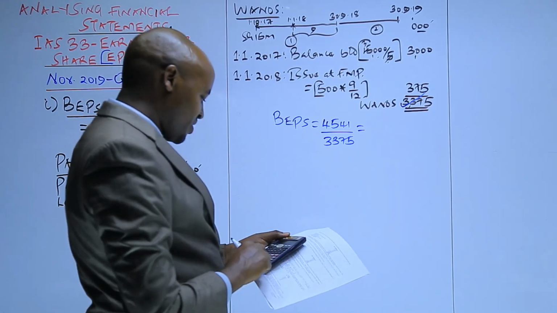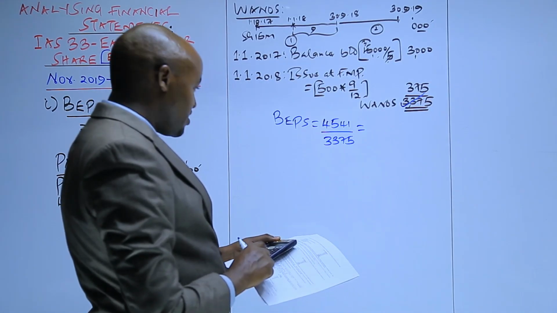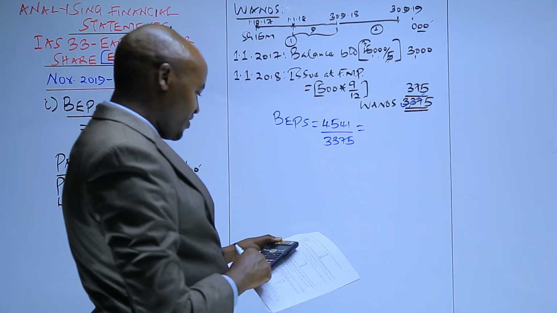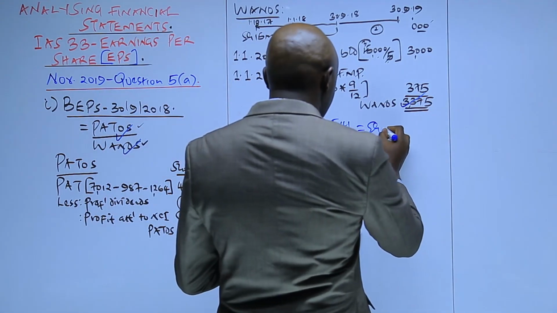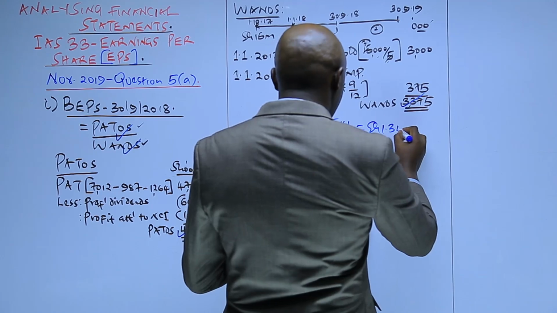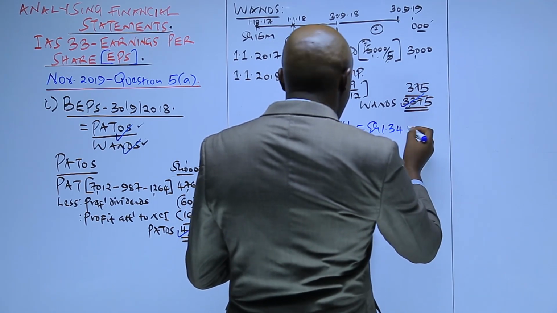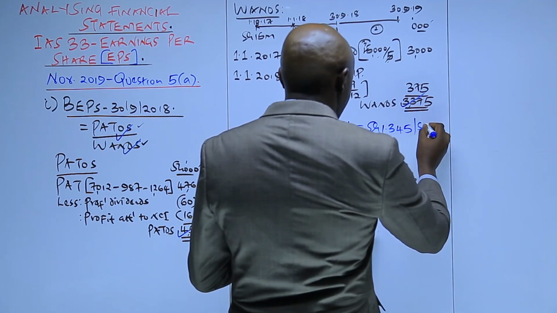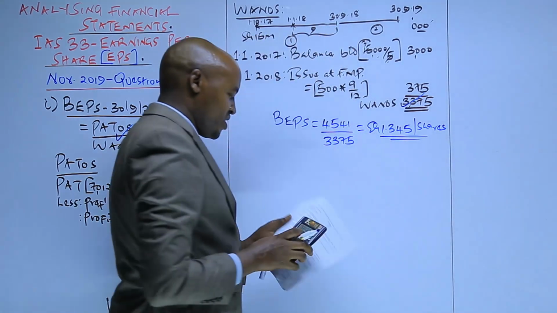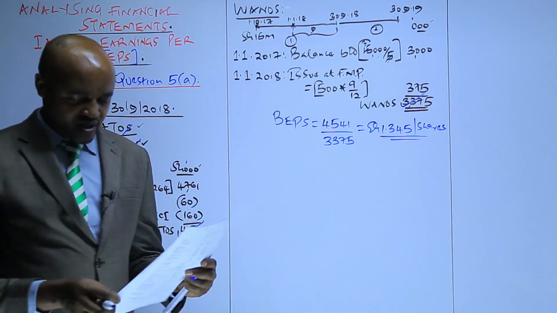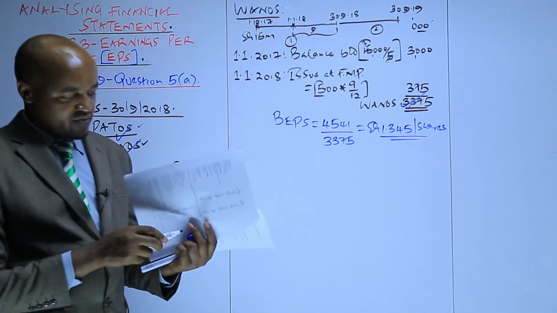So the basic earnings per share will be 45.41 divided by 33.75, and this will give us shillings 1.345, which is shillings per share. So basically that is it, that what is required as far as the Roman 1 is concerned.